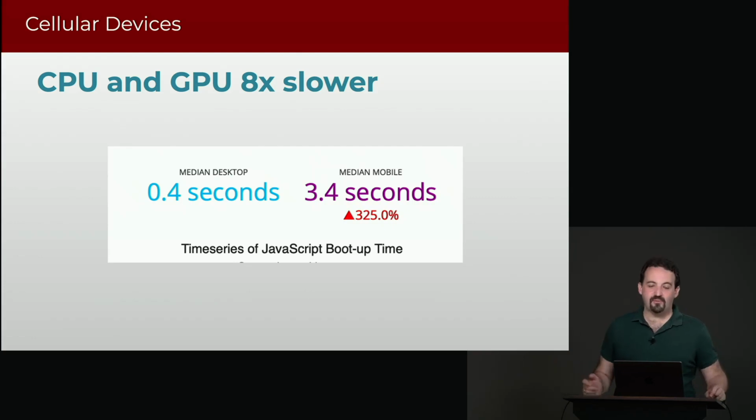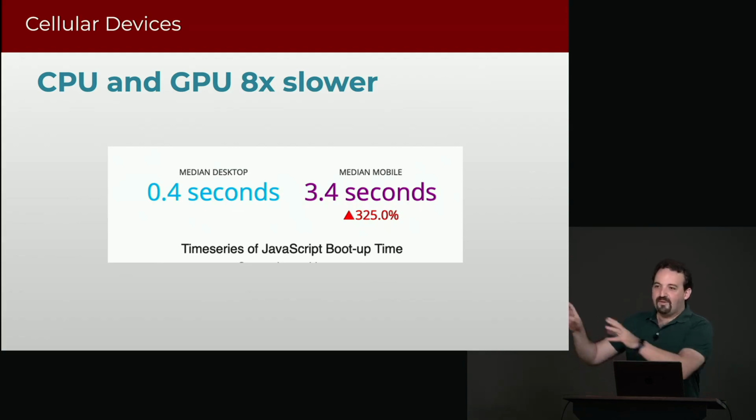We are not the real world. That's from yesterday as well, with real users, and it's the median JavaScript boot up time. So how much time it takes to actually run JavaScript, briefly. But the important part here is the comparison between desktop and mobile. Okay, and you can see that mobile is much worse.